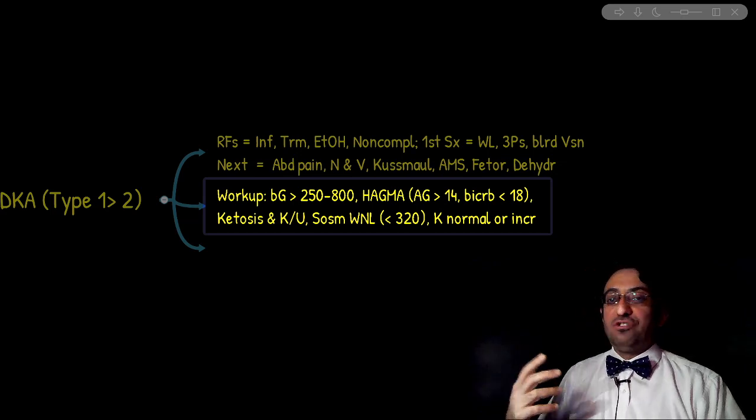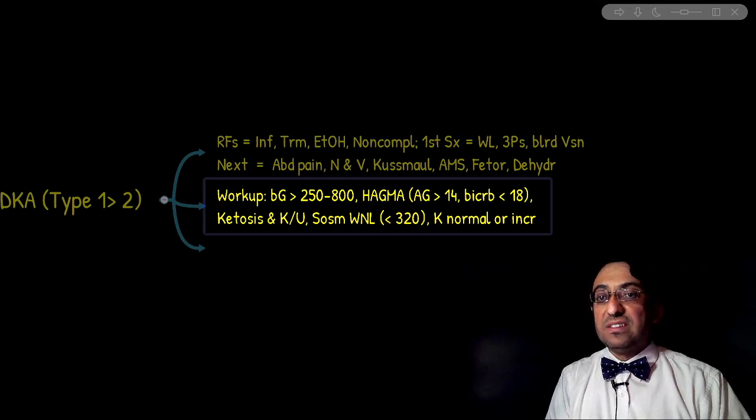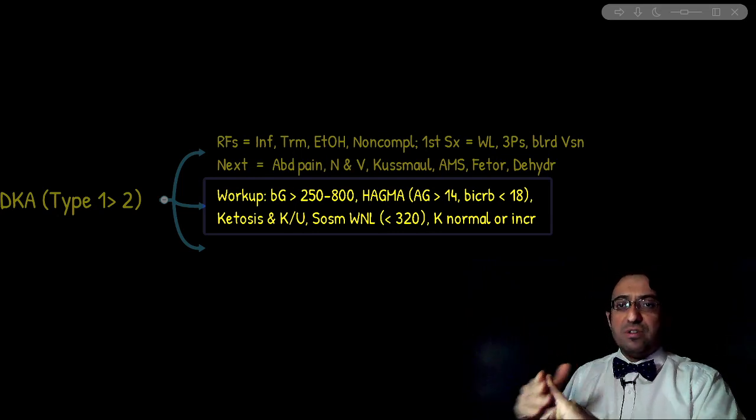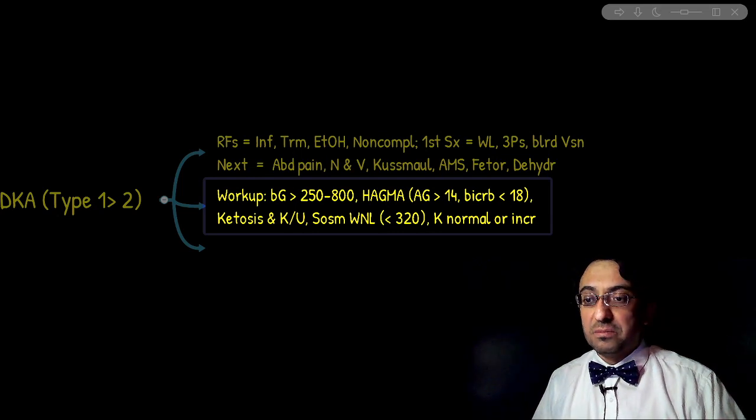For example, if the patient's measured blood glucose is 600, it is 500 more than 100, so we need to add 5 times 2 to the measured sodium value to get the corrected sodium value, to figure out if the patient has hyponatremia, if his sodium is corrected, or if he's hypernatremic.